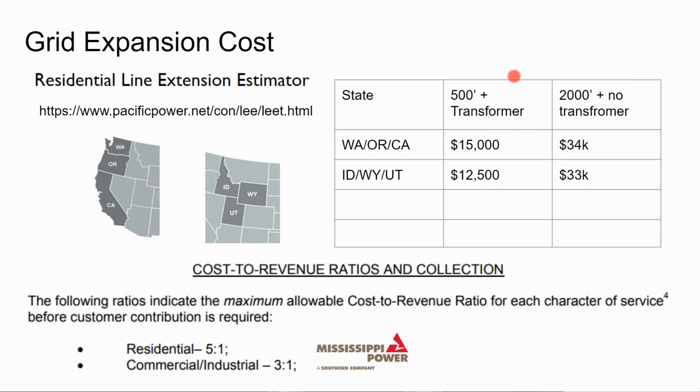So if you're 500 feet off the road to 2,000 feet off the road, your grid expansion costs can easily get into the tens of thousands of dollars.